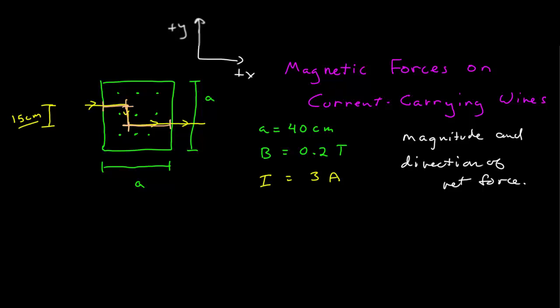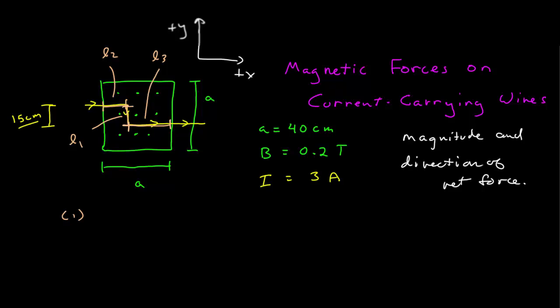I'm going to call this vertical part length 1, this first horizontal length 2, and this second horizontal length 3. So I'm going to deal with the vertical part first, and then deal with the two horizontal parts.